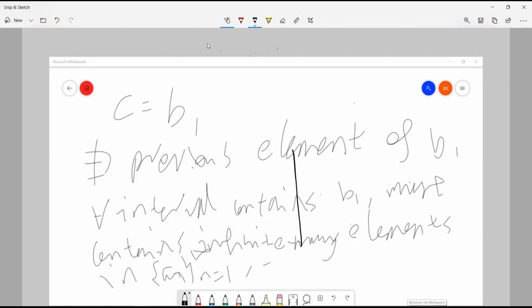Yeah, but why is A1 open? Well, A1 is equal to minus infinity to A2, right?